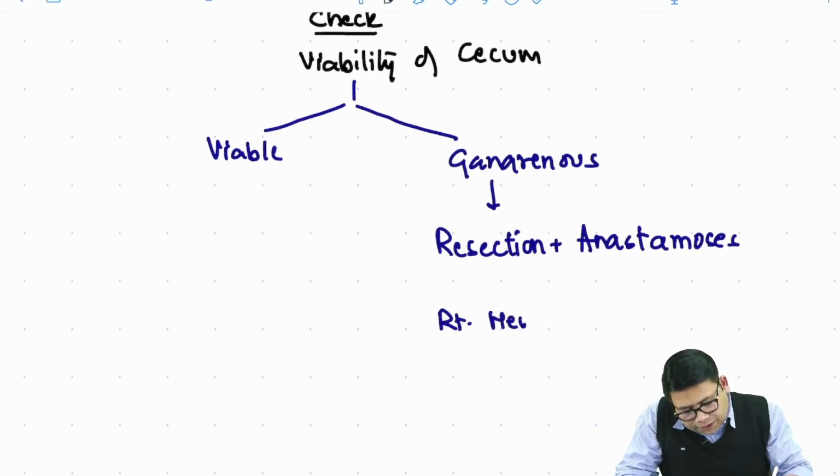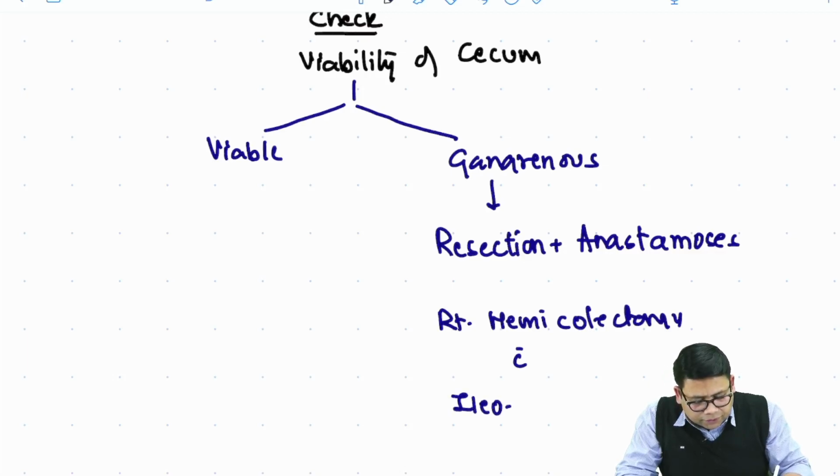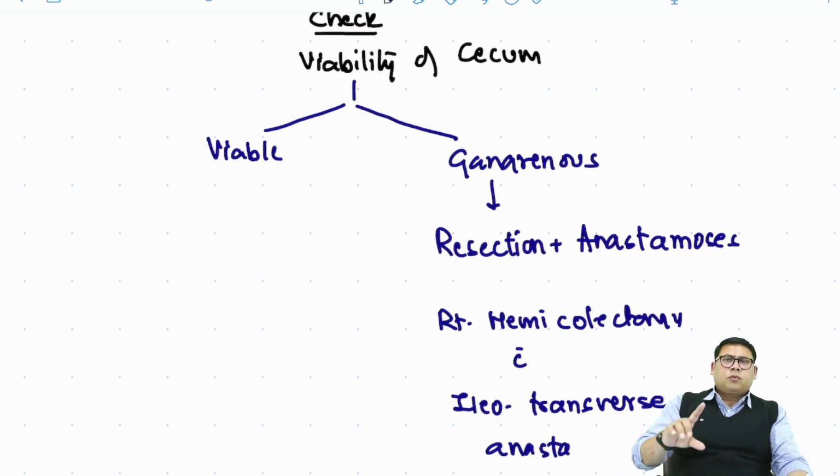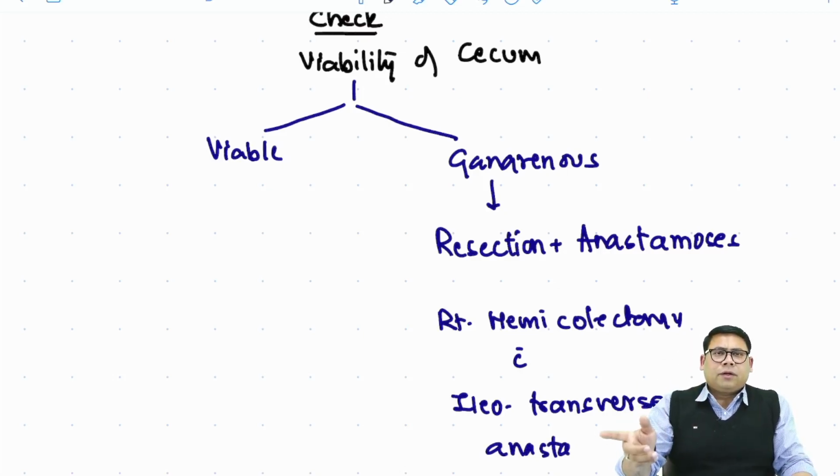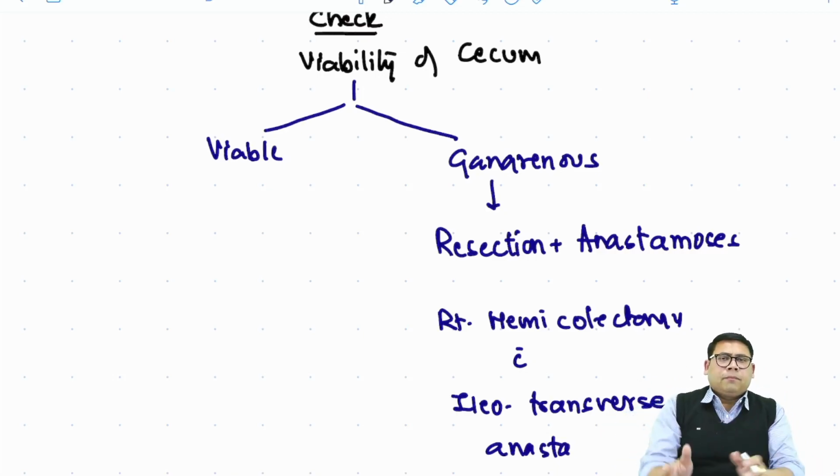In most of the cases, you can go for right hemicolectomy, and along with that, an ileotransverse anastomosis. Why is it preferred? Because you could also have gone for an ascending colon and ileal anastomosis.